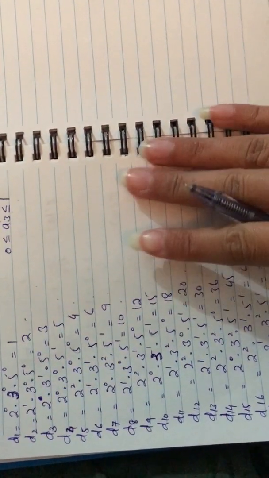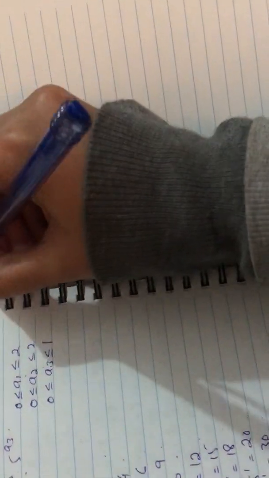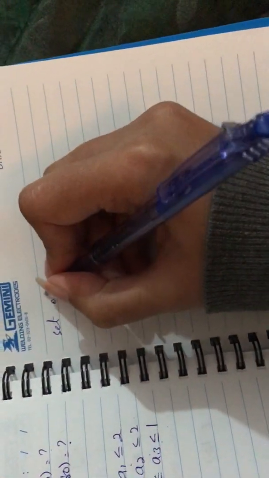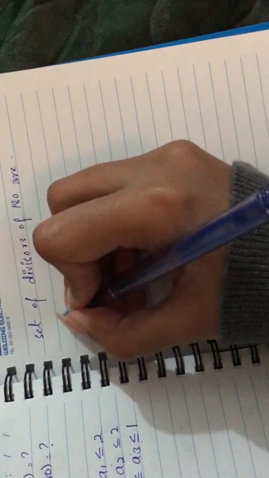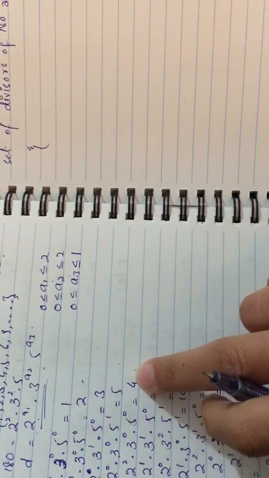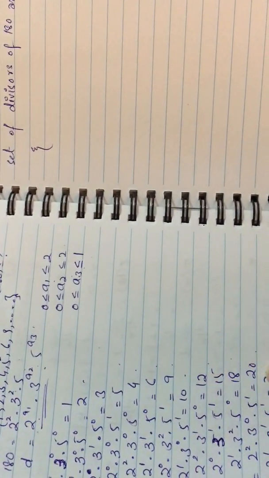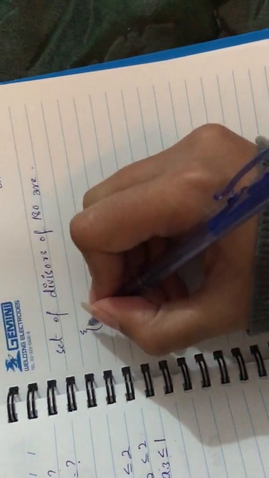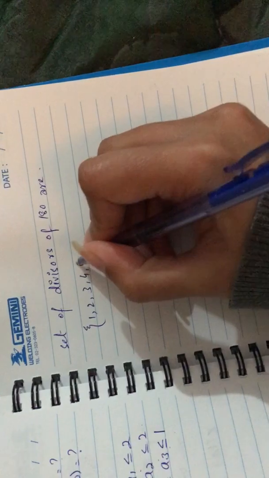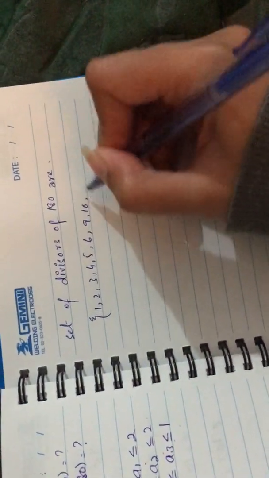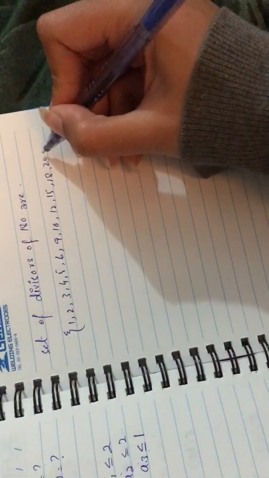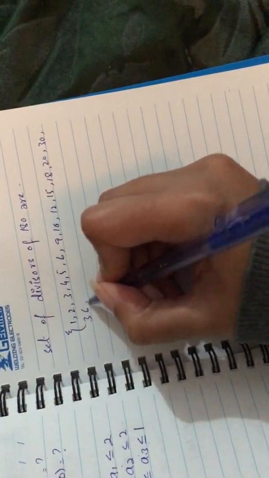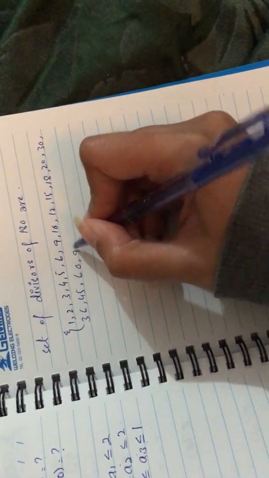Now I can say that the set of divisors of 180 is: 1, 2, 3, 4, 5, 6, 9, 10, 12, 15, 18, 20, 30, 36, 45, 60, 90 and 180.